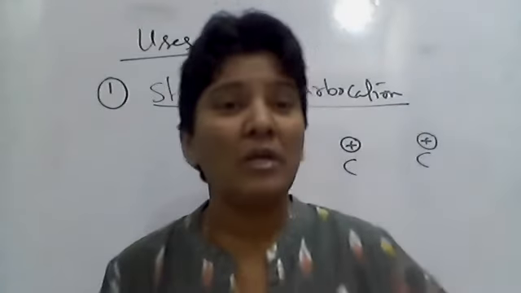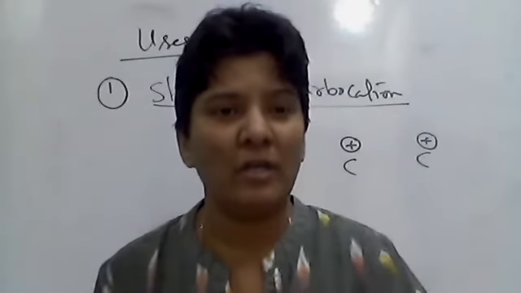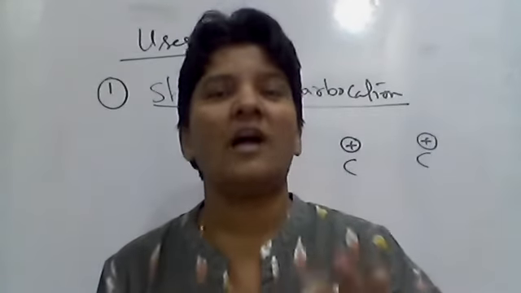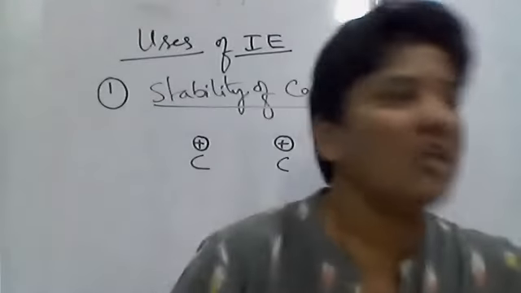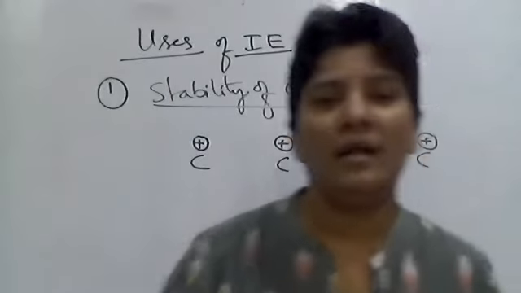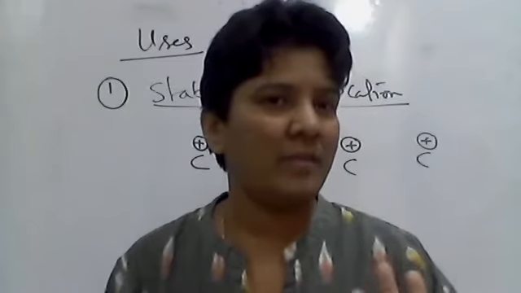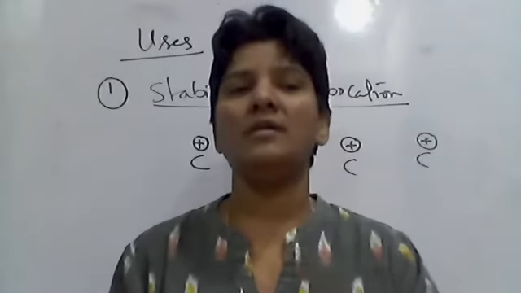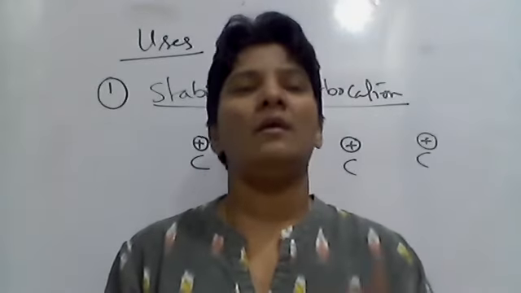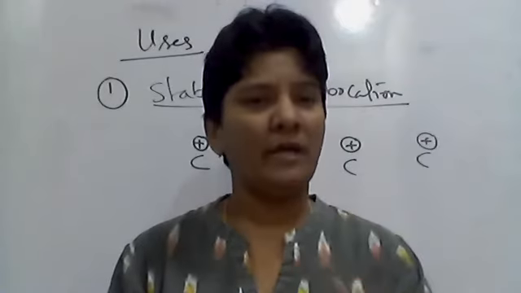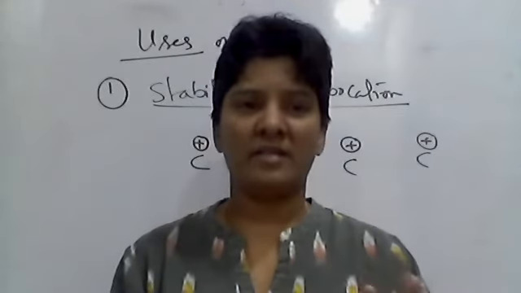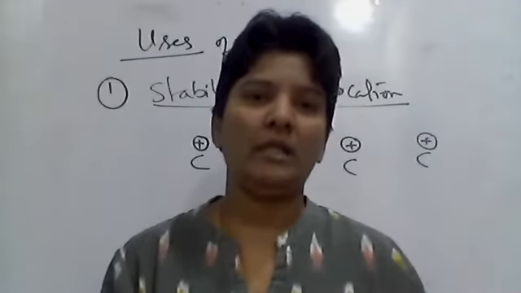By loss of one bond, the carbon loses an electron, and by loss of electron, carbon gets positive charge. Always the carbocation is formed by methyl carbon, primary carbon, secondary carbon, tertiary carbon, but not by quaternary carbon.